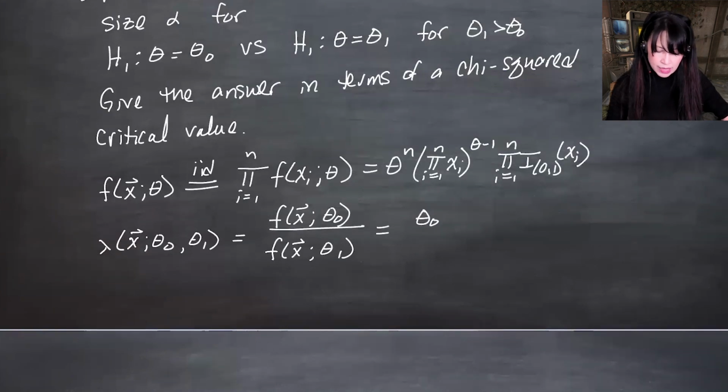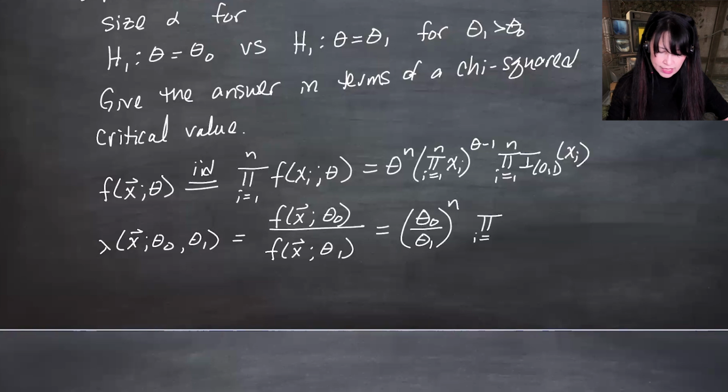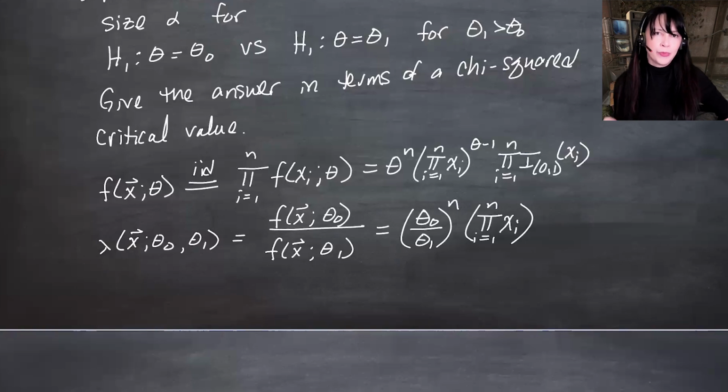I'm going to end up with theta naught over theta 1 to the n, the product as i goes from 1 to n of the xi raised to the theta naught minus 1 minus the quantity theta 1 minus 1. So the ones will cancel, and we'll have theta naught minus theta 1. And those indicators do not depend on the theta, which is the only thing changing in the numerator and the denominator. So those are going to completely cancel.